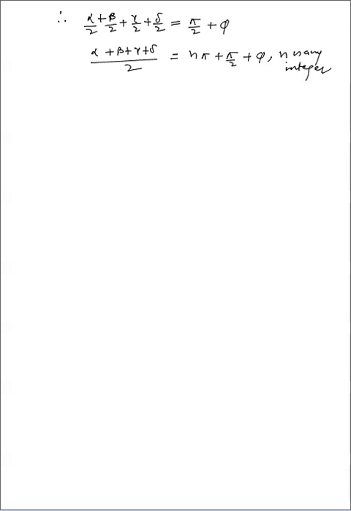So we cross multiply: alpha plus beta plus gamma plus delta is equal to, because here we take LCM and then cross multiply, 2n plus 1 pi, 2n plus 1 pi, and upon 2 into 2 plus 2 phi.